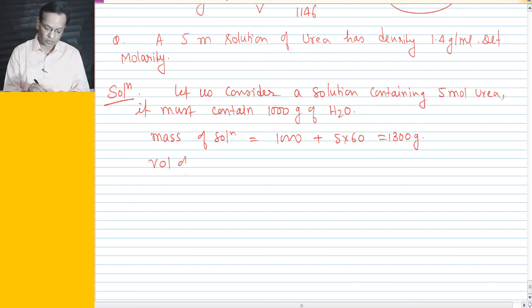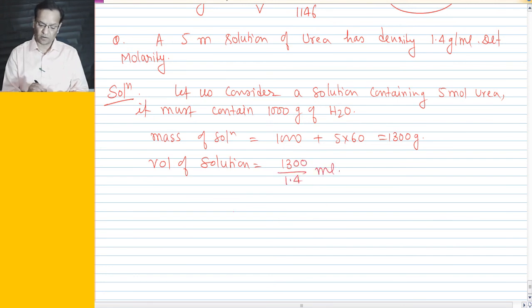So volume of solution will be equal to mass by density, 1300 divided by 1.4 milliliter. So molarity is number of moles divided by volume. So it is 5 divided by 1300 divided by 1.4.